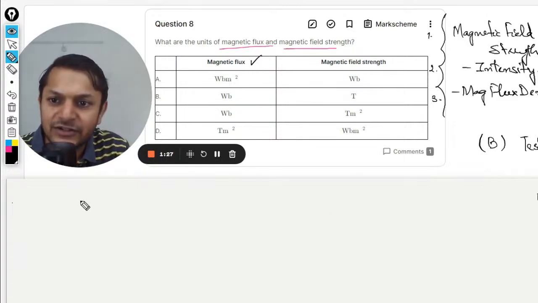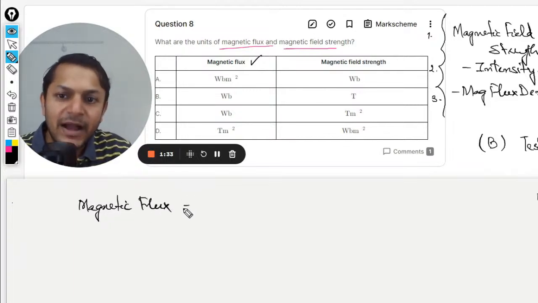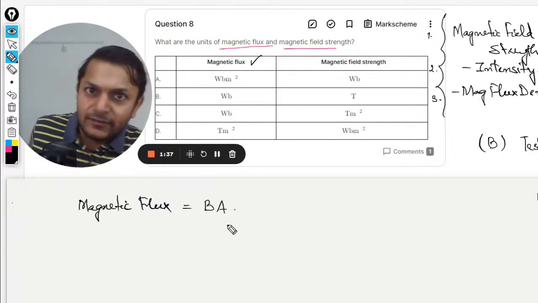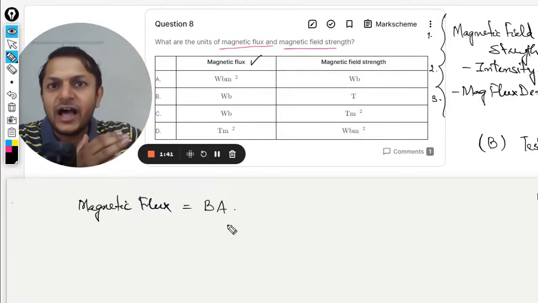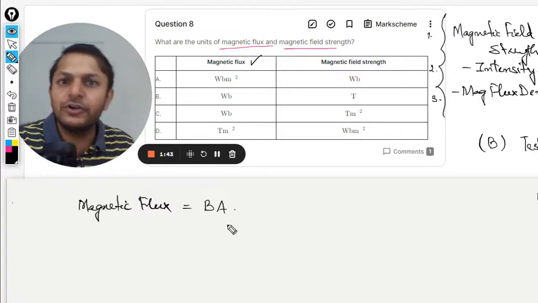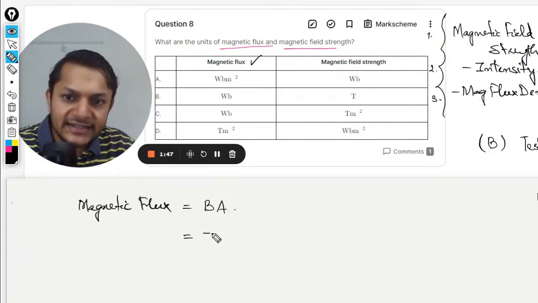Now, what is this flux? So magnetic flux is completely a different game. Magnetic flux is B into A. It is the product of the magnetic field and the area of the loop or whatever you are talking about. So definitely this is Tesla, this is meter square.